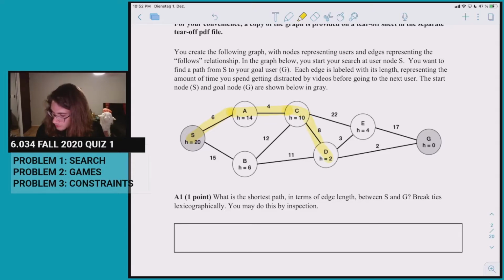This is 18, which is the shortest I've seen, and then I can either go down to E, which would make it 21, or straight to G, which would make it 20. So I believe that is the shortest path. Checking the solutions to make sure I haven't said anything egregious, that is in fact the solution: S, A, C, D, and G.